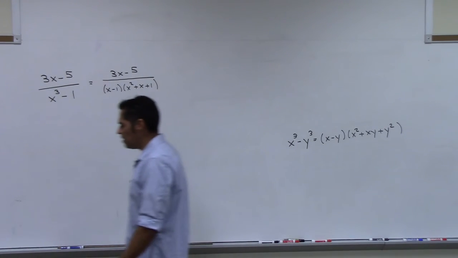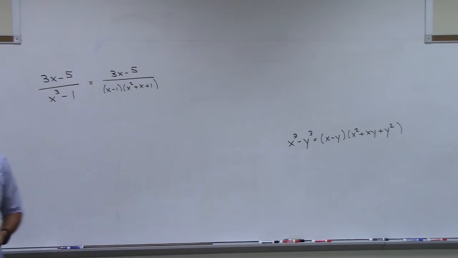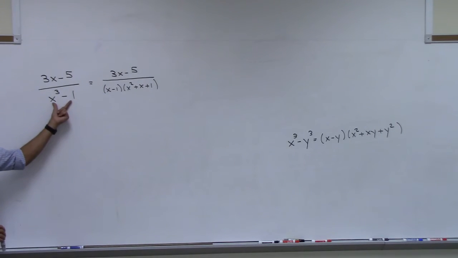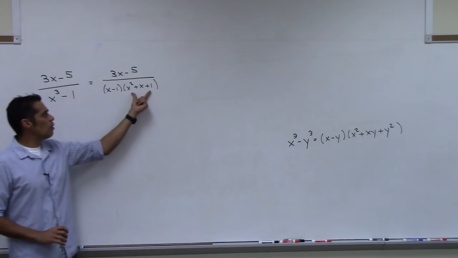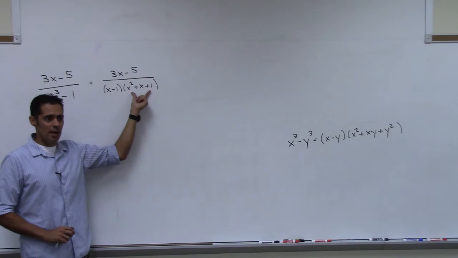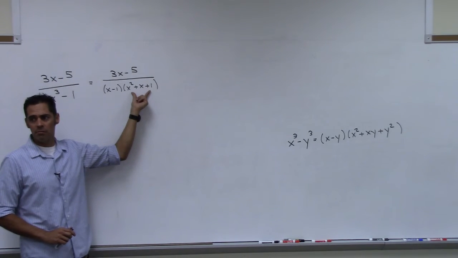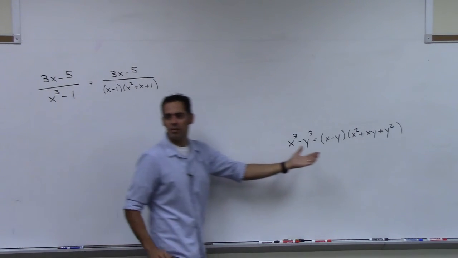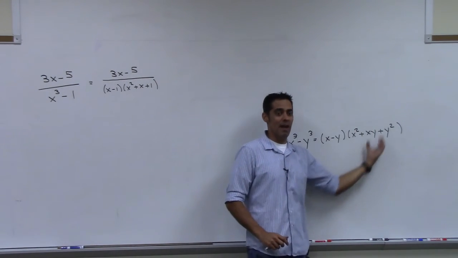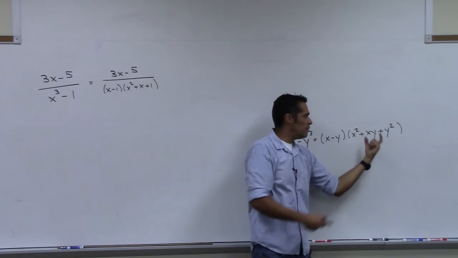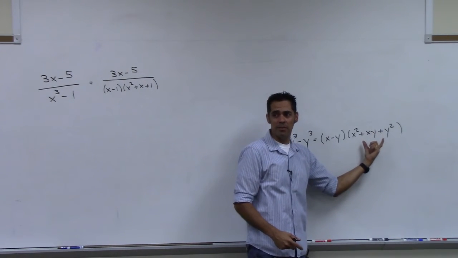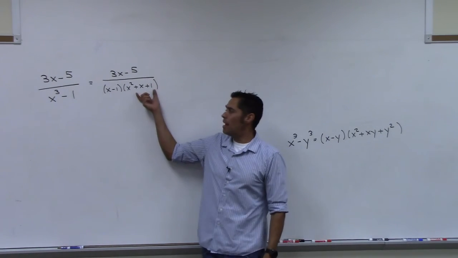A little piece of useful information. If you ever use a difference of cubes formula, this is going to be a quadratic, right? You're always going to get this little quadratic thing here. That will never factor. Never does. If it did, then the formula would factor it for you. Like they would actually have factored it out more in the formula. But the formula implies that this cannot be factored further, which means that this cannot be factored.